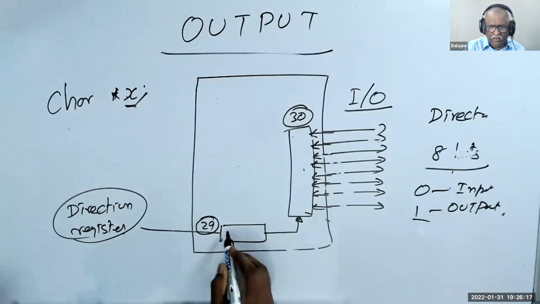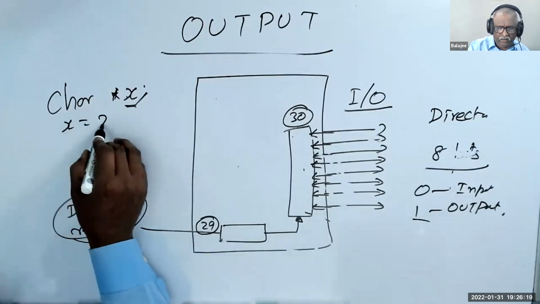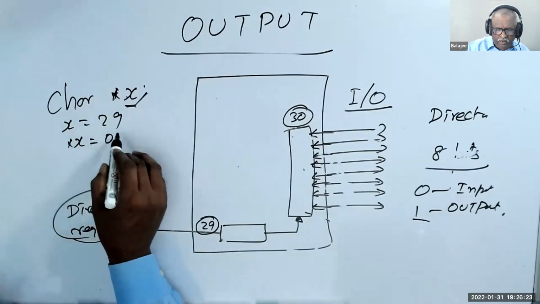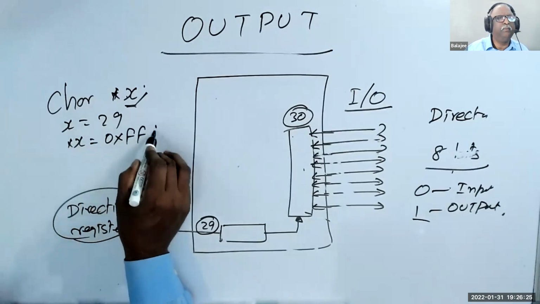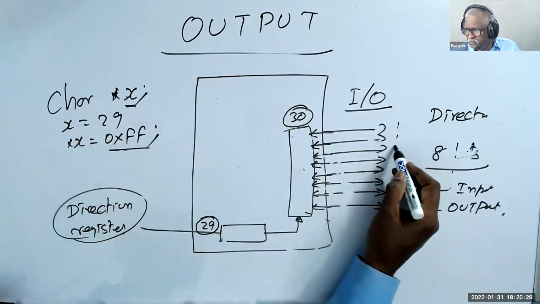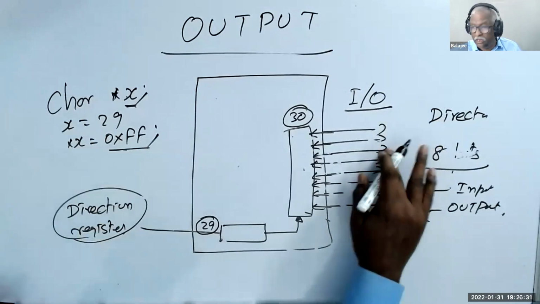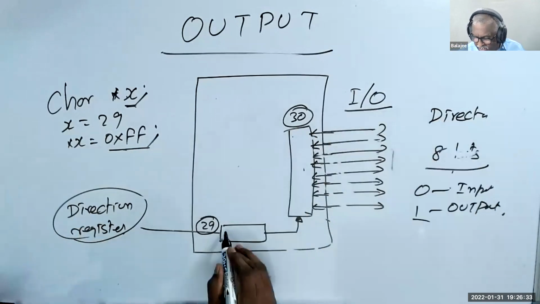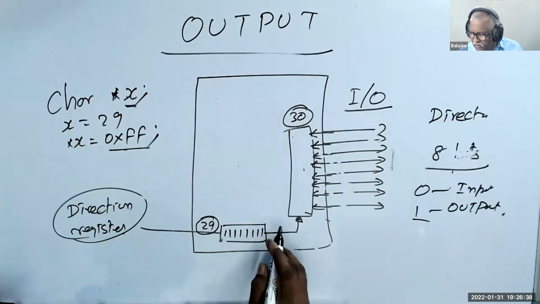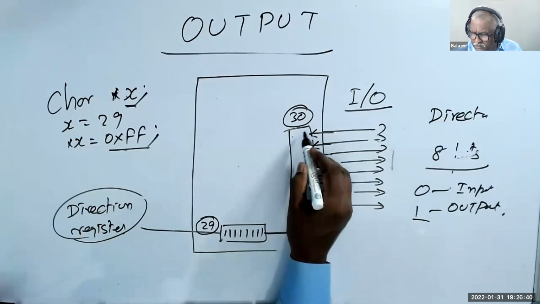I write X is equal to 29, *X is equal to 0xFF. 0xFF means all ones. This will make all the pins output pins.